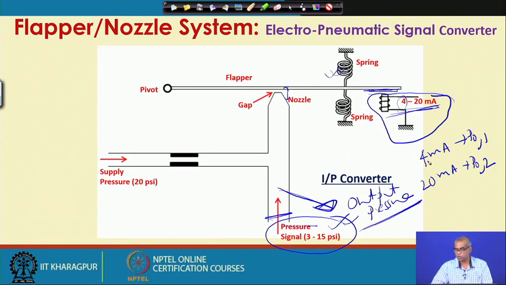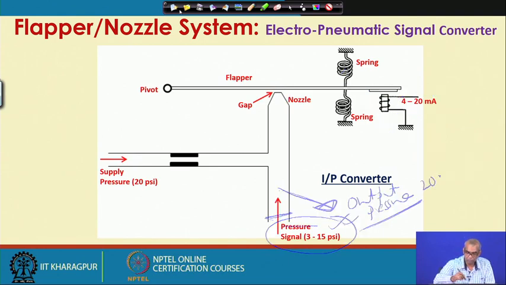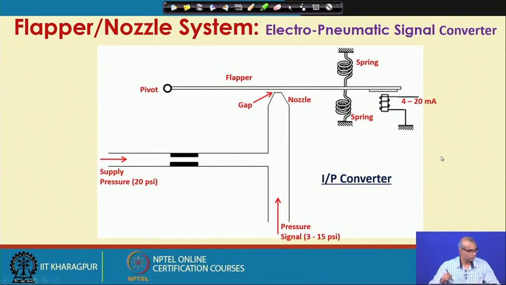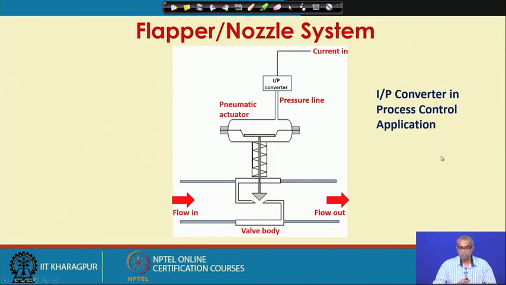So, it is possible to convert these electrical signals to pressure signals using a flapper nozzle system. Such an IP converter finds wide application in process controls.